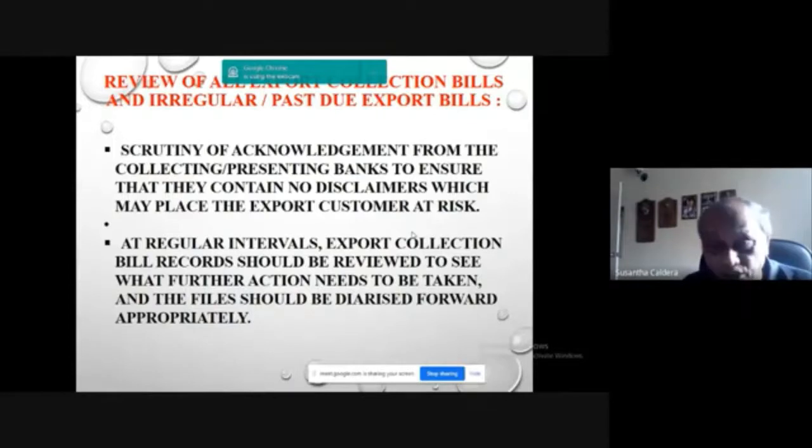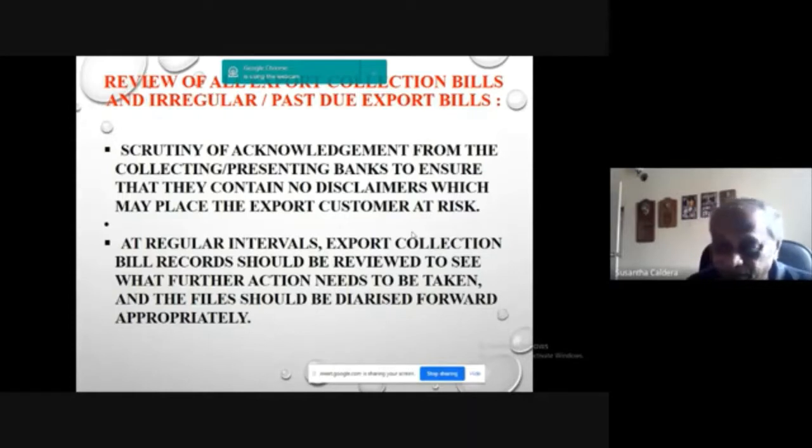When sending the acknowledgement, the collecting bank may say, yes, we have acknowledged your bills, but please note that we will not undertake to store and insure the goods and protest the bills. Straightforward, from day one, you have to inform the remitting bank. So when the remitting bank receives the acknowledgement, please read whether there are any disclaimers.